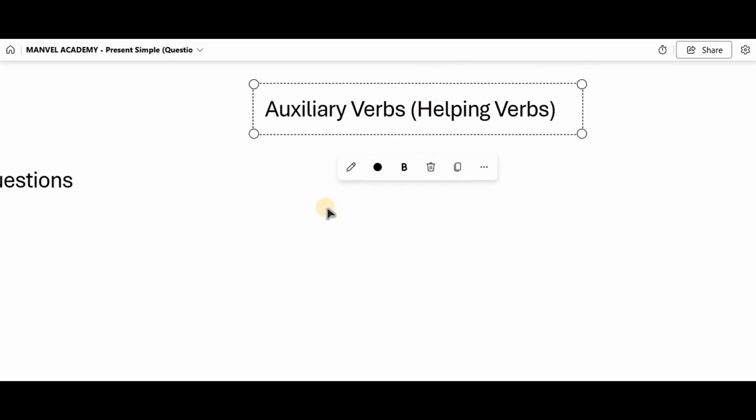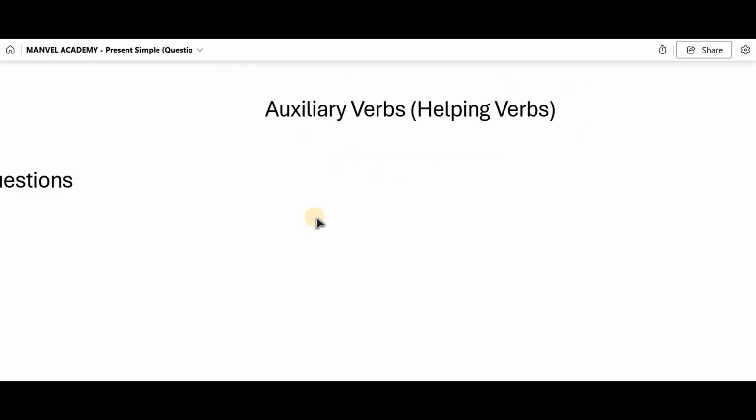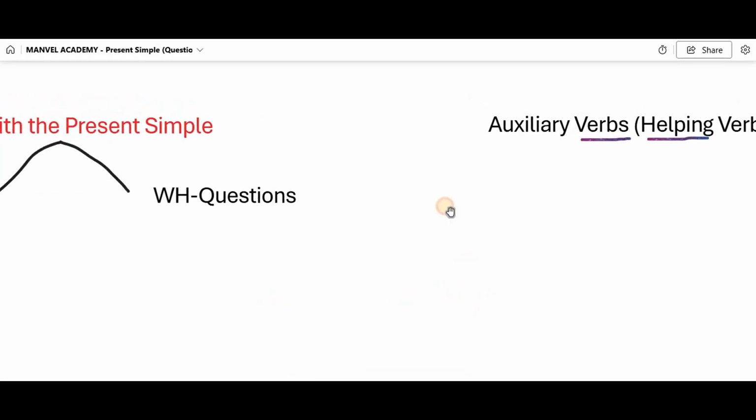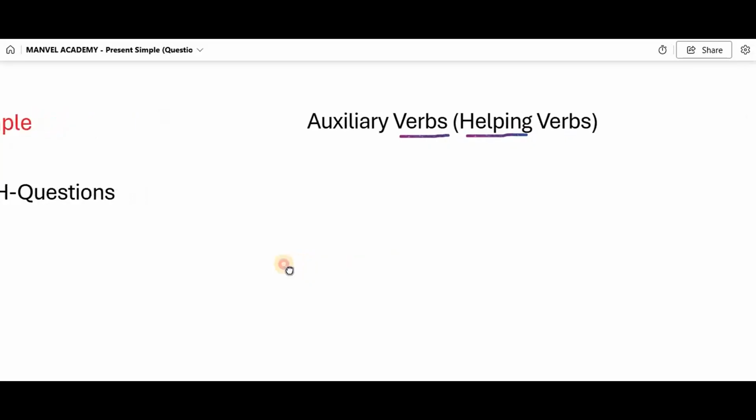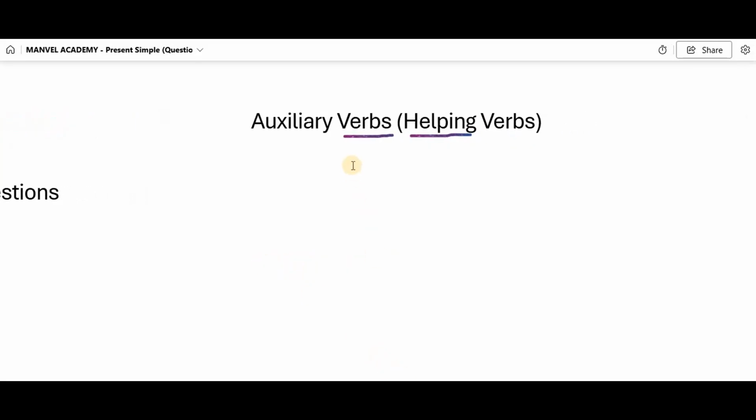Now, you need to know that in English there are many types of verbs. You have main verbs, linking verbs, auxiliary verbs, helping verbs. The verb we're going to take today is called a helping verb. The helping verb of the present simple, I call it verb to do.